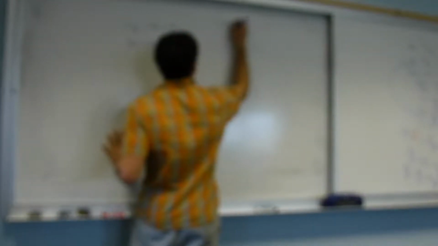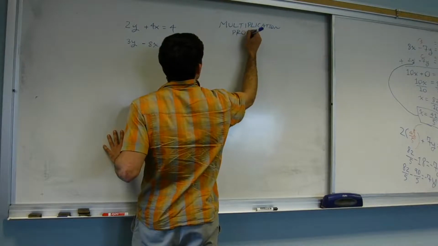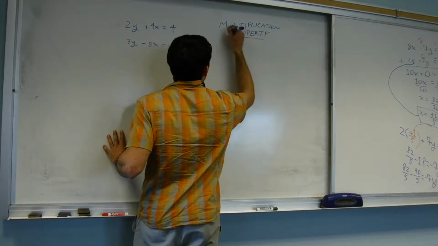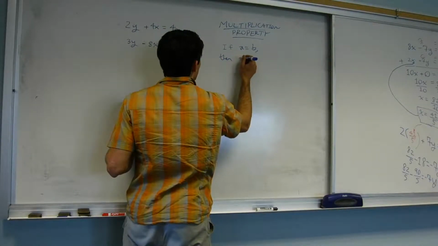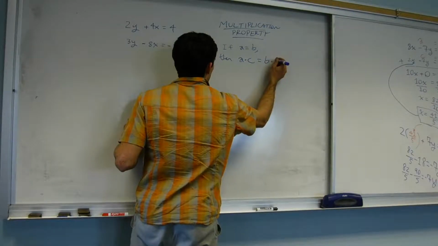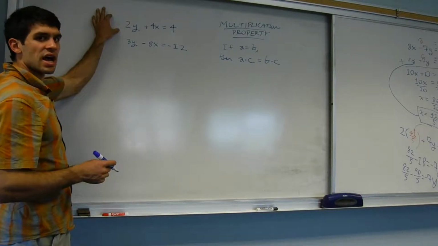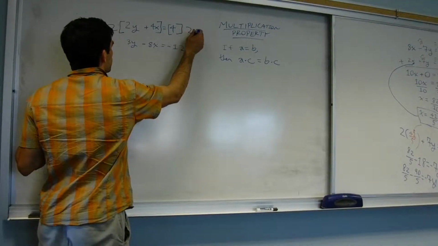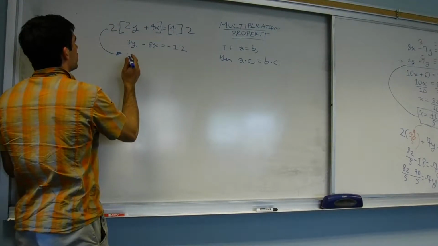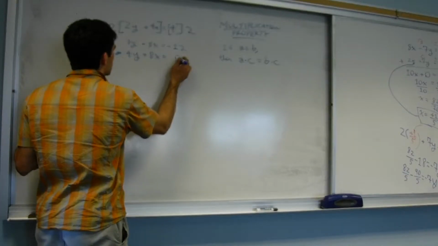So sometimes we need to use the multiplication property. If we recall, the multiplication property tells us that if A is equal to B, then A times C is equal to B times C. So notice, if we multiply both sides of the top equation by 2, and I'm going to move this equation down here, we get 4y plus 8x is equal to 8.